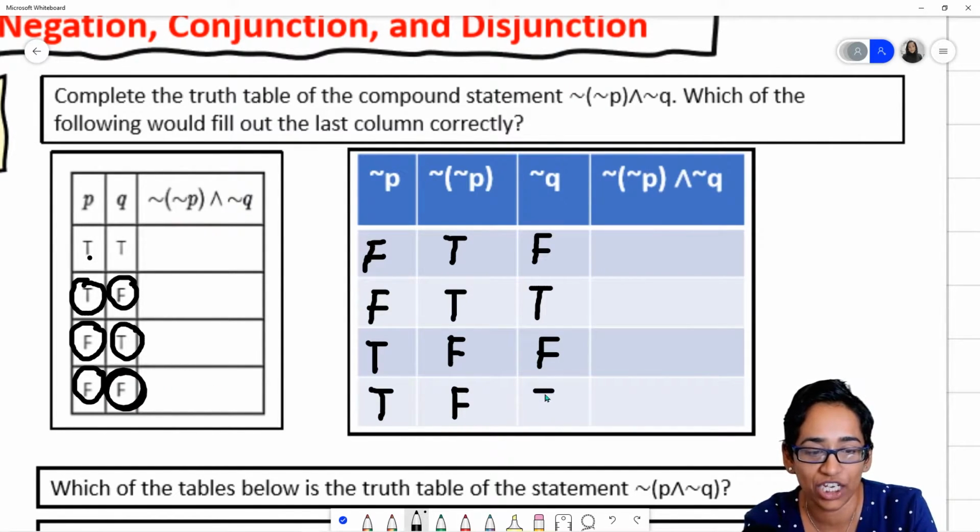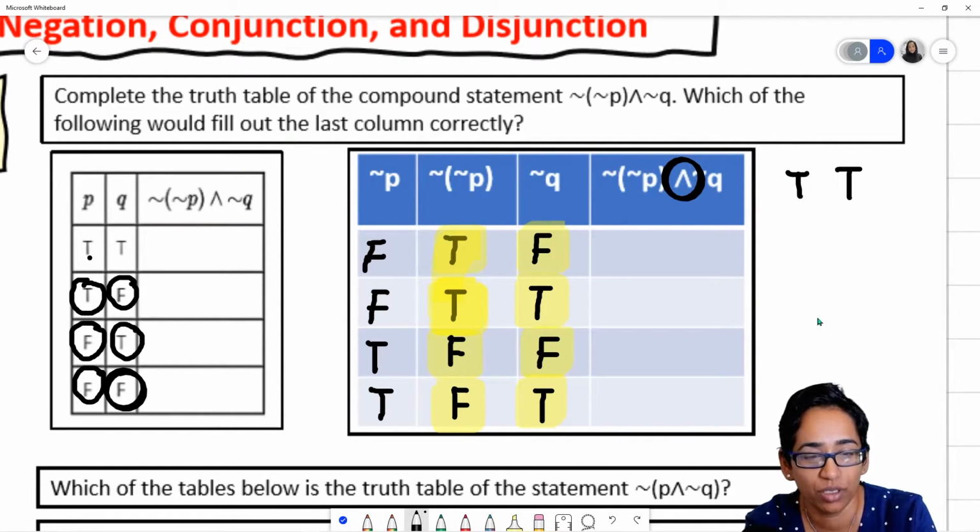False, negation is true. Now here I am only looking at these two. Right? I'm only looking at these. Keep in mind it's an and. Remember, conjunction is true only when both of them are true. So the only place this is true is here. True and false, false.